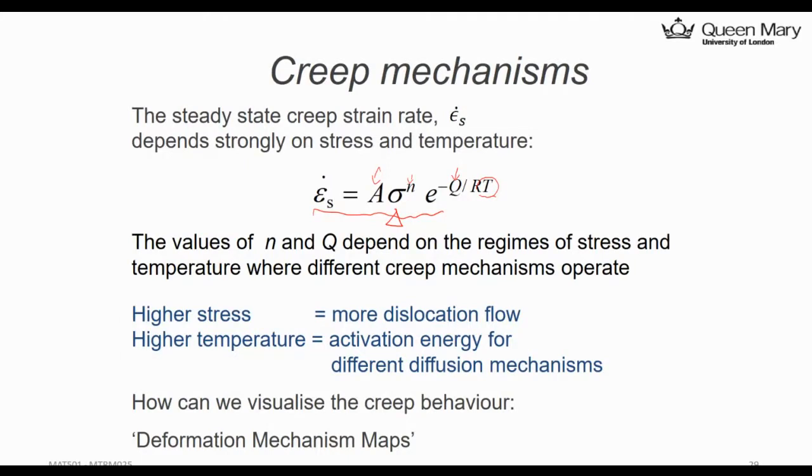By that I mean you need to plot some type of map or curve to help people visualize what's going on for creep at different time, temperature and stress. Those are our variables, and what's going on for the strain rate and the creep.